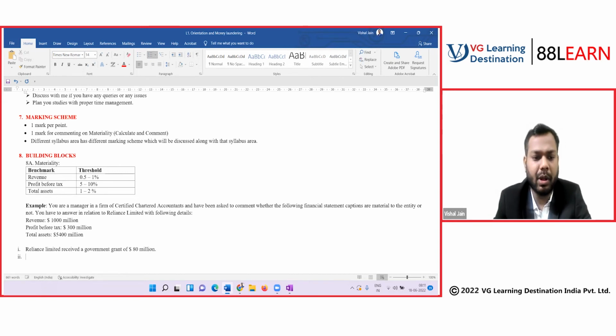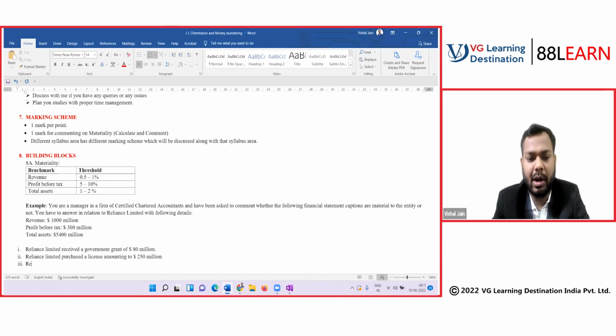Second, Reliance Limited purchased a license amounting to $250 million.